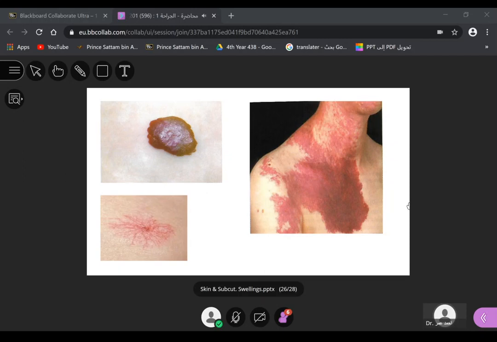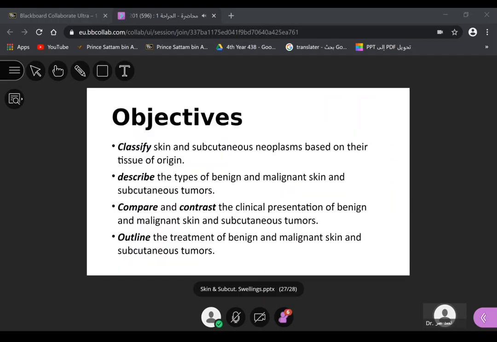I hope in this lecture we have covered the most important clinical features of benign and malignant skin lesions, regarding the tissue of origin, the etiology, the most important points in the history, and the most important things to expect in the physical examination of these lesions.